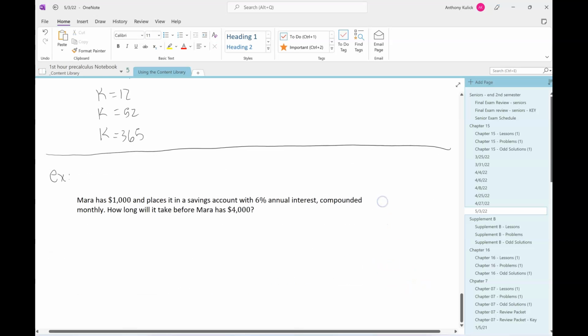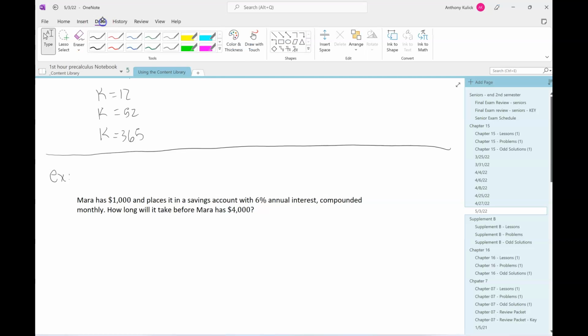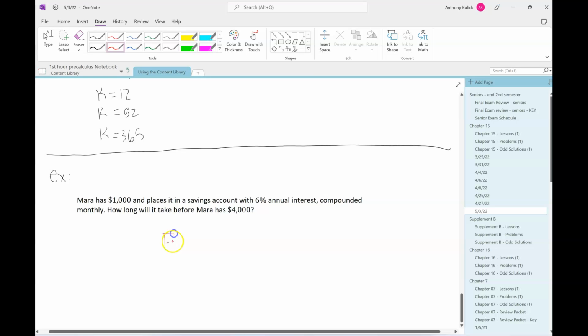Okay, so this is the same kind of situation. Mara has $1,000, places it in a savings account with 6% interest compounded monthly. How long will it take before Mara has $4,000? Well, I heard compounded and interest when I read this, so right away I know I'm going to be using my compound interest formula.